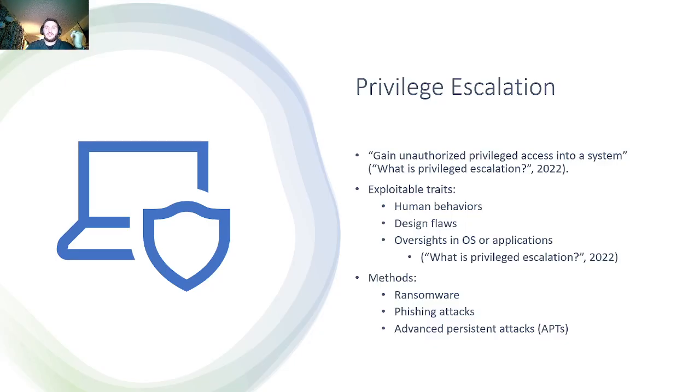So what is privilege escalation? It's just when you have unauthorized access into a system. Some of these can be human behaviors, design flaws, oversights in the OS, which can lead to these unauthorized accesses. And on top of that, you've got ransomware, phishing attacks, and APTs, which can be used to deploy some of these privilege escalation attacks.